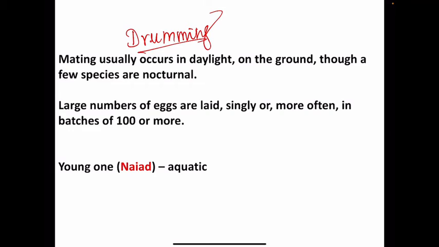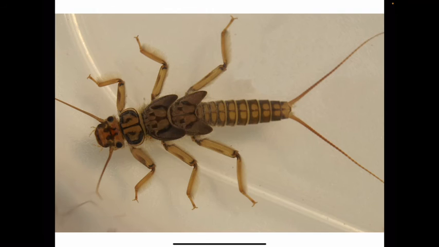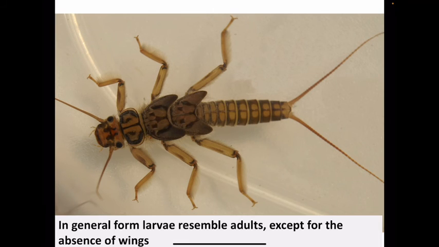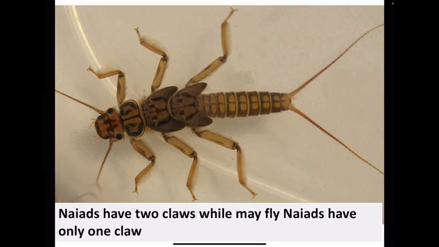Mating usually occurs during daylight, and they lay their eggs singly or often in batches of more than 100, and their young ones or larvae are aquatic in nature. They're called naiads. The naiad looks like the adult, the only difference is it does not have wings.